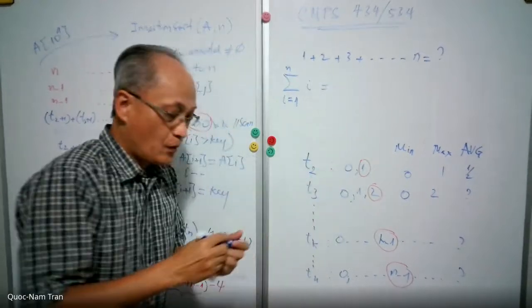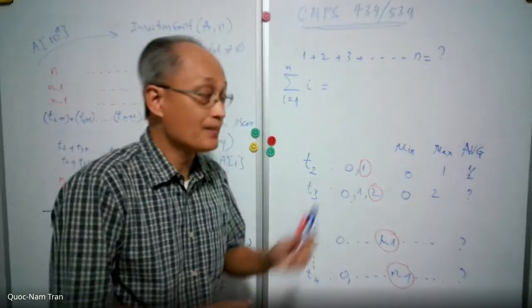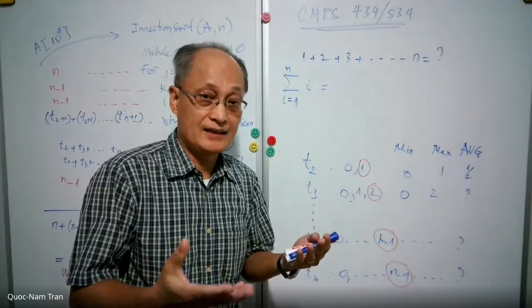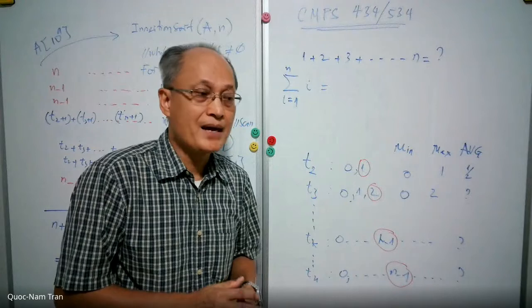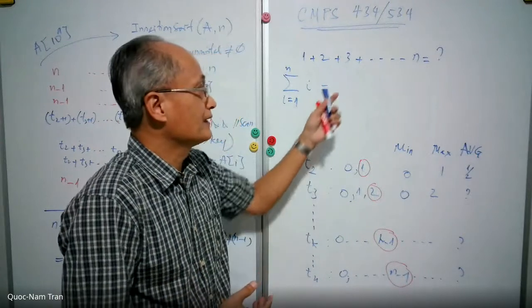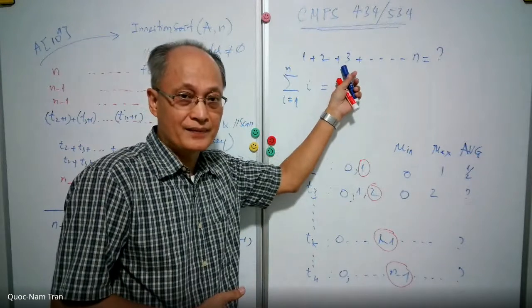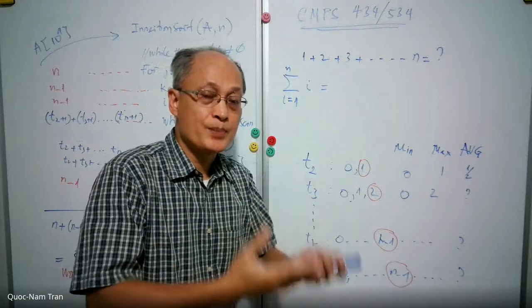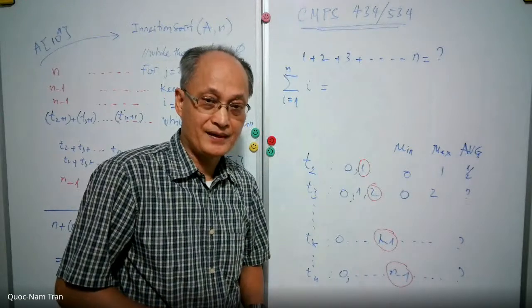Now, when you learn about the summation, like in discrete math, many students did not pay attention to the fact that the sum here will help us to speed up the algorithm.